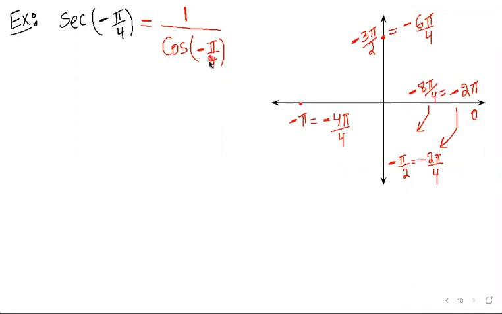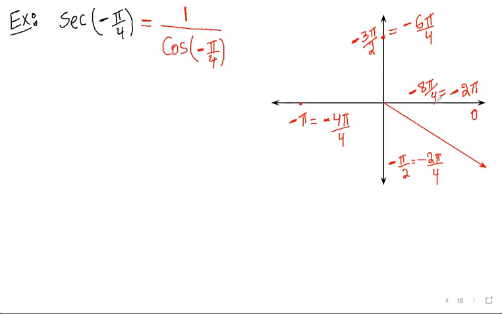So negative pi over 4 is between 0 and negative 2 pi over 4. So the angle will be in this quadrant, this one here. Why? Again, because negative pi over 4 is between 0 and negative 2 pi over 4.